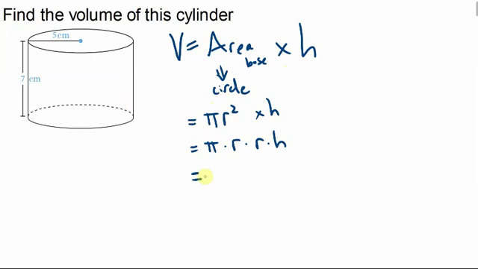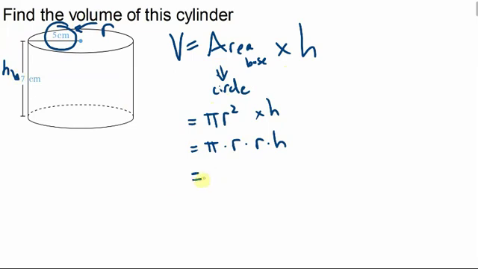Now let's take a look at the diagram to see, do we know what these values are? The radius is the distance from the center to the outside of the circle, which is right here. There's your r. And then the height is given as 7 centimeters right there.